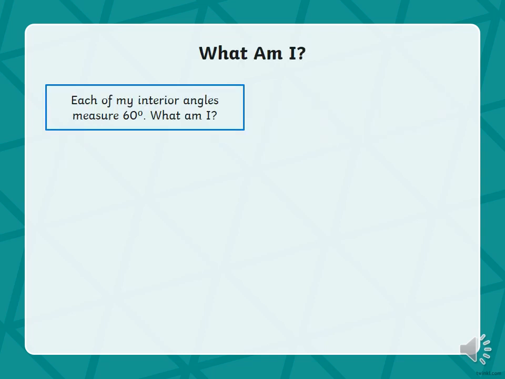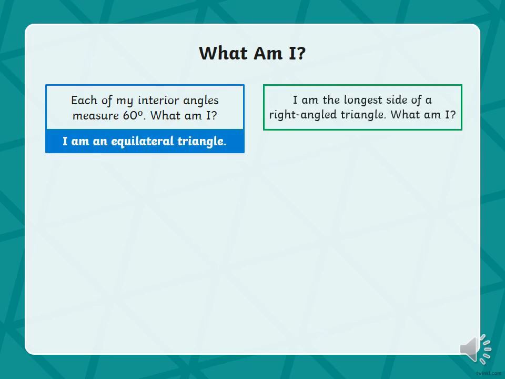Okay, so let's see if you are able to identify which triangle I am. Each of my interior angles measures 60 degrees. What am I? Have a think for a minute. I'm an equilateral triangle. I am the longest side of a right angle triangle. What am I? I am the hypotenuse.